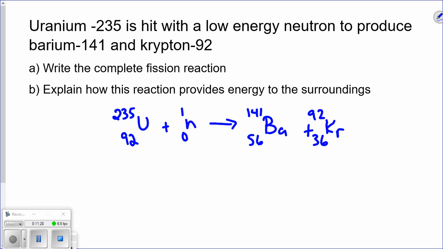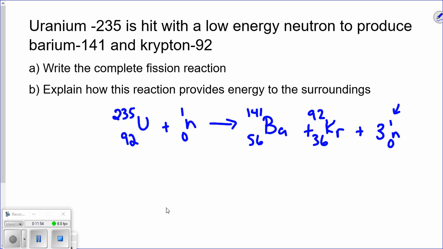That gives me 233, so I need 3 more nucleons up top, which proves to us why fission reactions also produce 3 neutrons separately. So that conservation law shows me here that 1 times 3, so there's 3 nucleons. So 141 plus 92 plus 3 gives me that 236 to make left side and right side equal to each other.